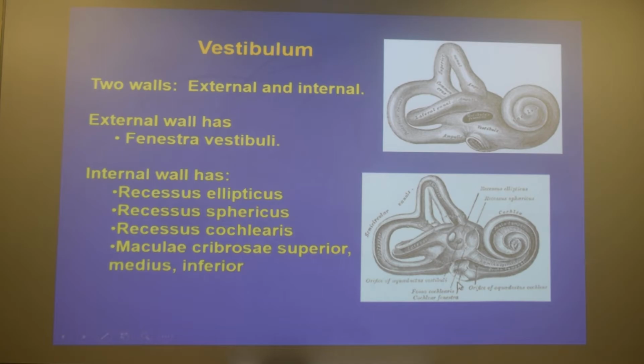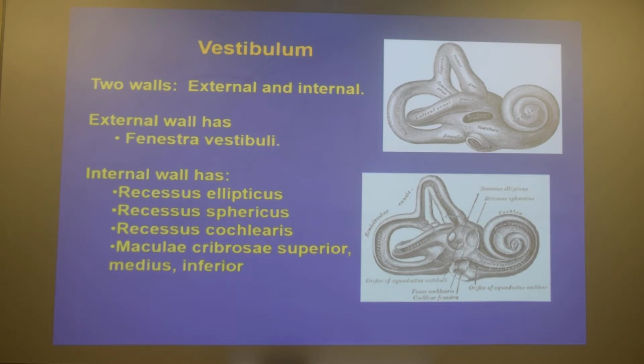Now what you need to understand is that there is a fluid between the bony part and the membranous part. The bony part is made up of bone, and inside that bone you have the membranous part, which is the duct inside the bony part. Between these 2 parts there is a fluid, and that fluid is called the perilymph.